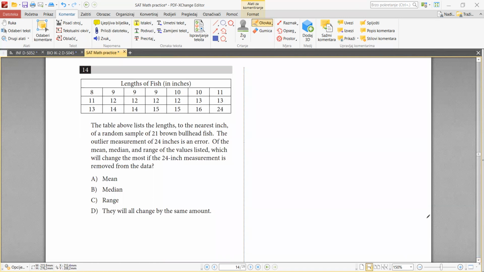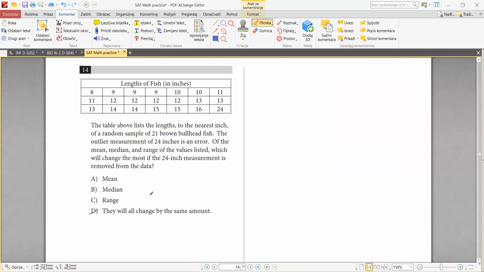The table above lists the lengths to the nearest inch of a random sample of 21 brown bullhead fish. The outlier measurement of 24 inches is an error. Of the mean, median, and range of the values listed, which will change the most if the 24-inch measurement is removed from the data?